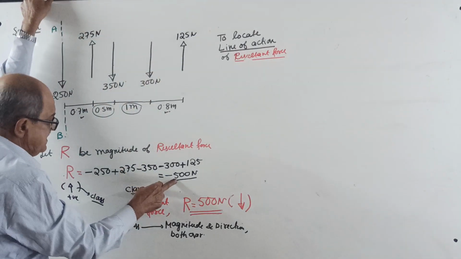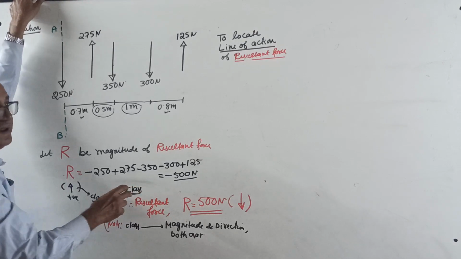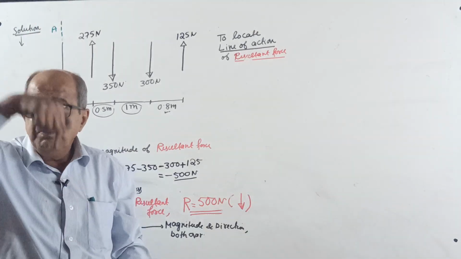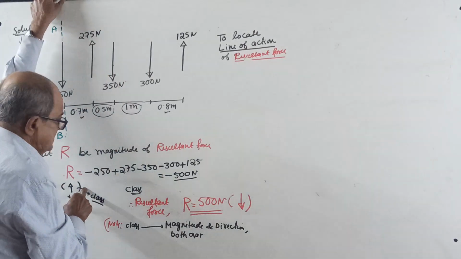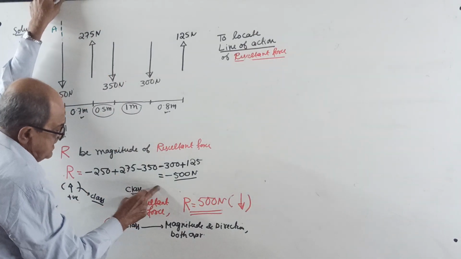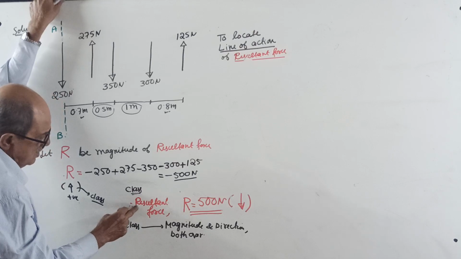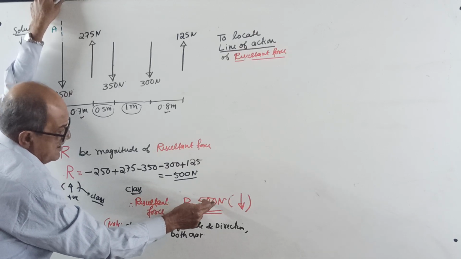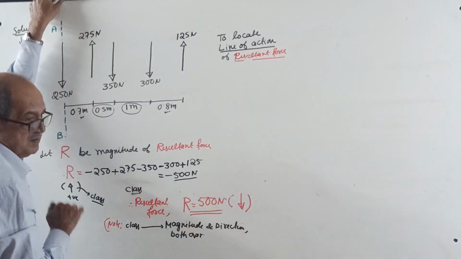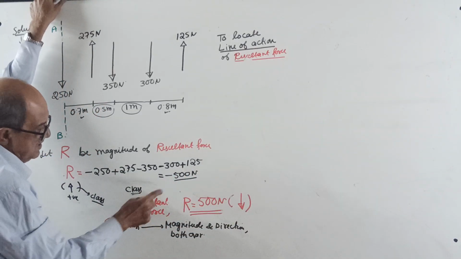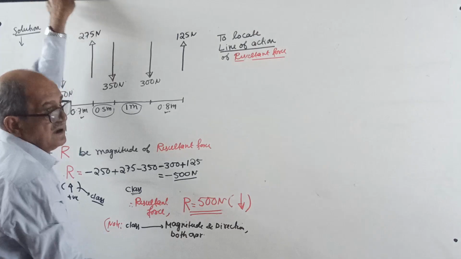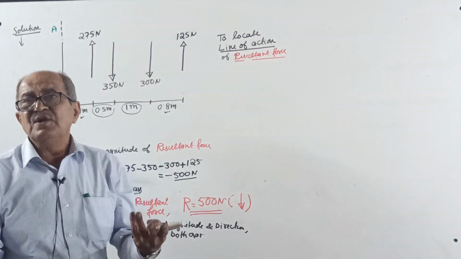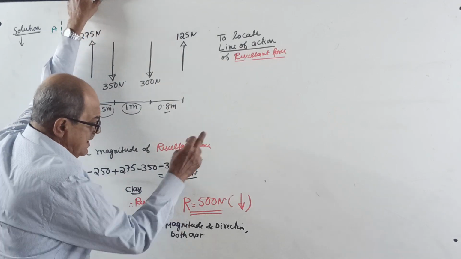But the negative sign came, therefore the real resultant is in a direction opposite to the assumed direction. So after writing all the statements, the resultant force R equals 500 Newton down. Note, class, magnitude over, direction also over. There is no alpha etc. Magnitude over, direction over.